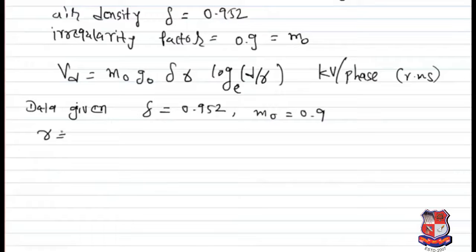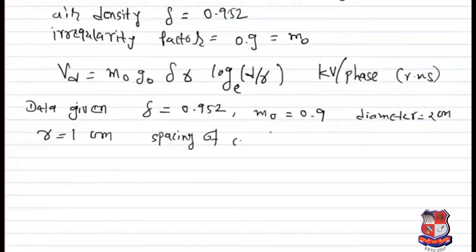The diameter is 2 centimeter, so r is 1 centimeter. The distance, spacing between conductors, which is denoted by d, is given 100 centimeter, right?